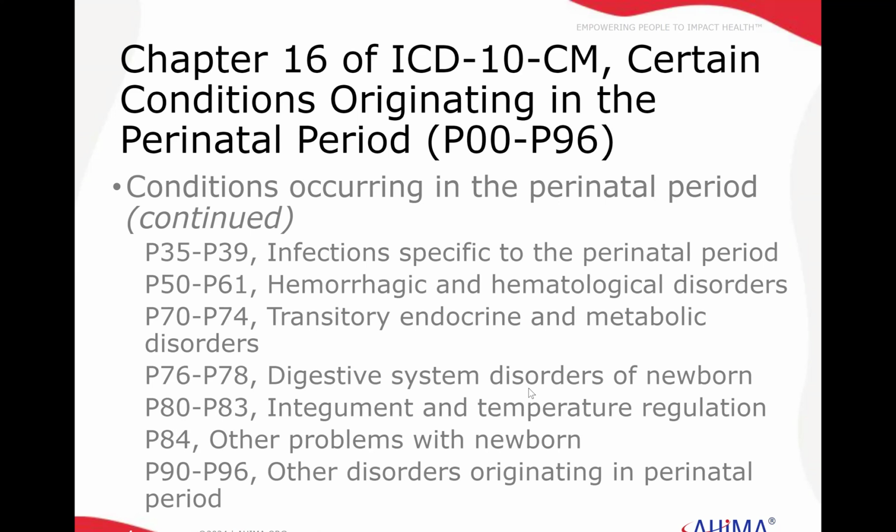Then we have hemorrhagic and hematological disorders falling in code categories P50 through P61. P70 through 74, transitory endocrine and metabolic disorders. 76 through 78, digestive disorders of the newborn. 80 through 83, integument and temperature regulation disorders. P84, other problems. And then P90 through P96, other disorders originating in the perinatal period.